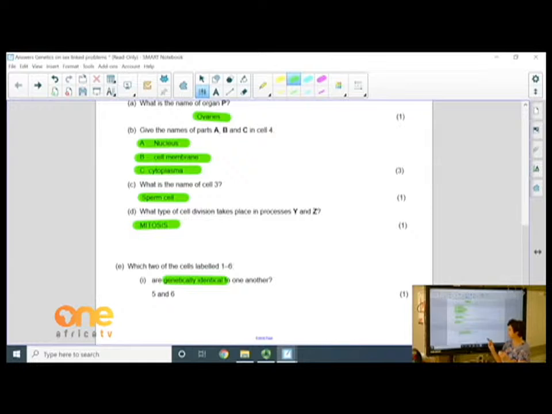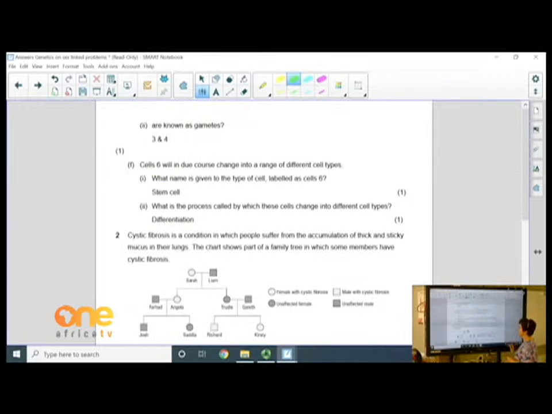So the zygote and the embryo, 5 and 6, were definitely genetically identical. Good. The gametes, we know, were the sperm and the egg, so it was 3 and 4.